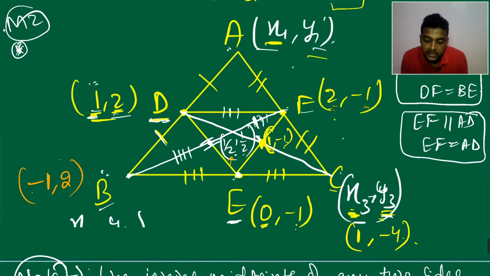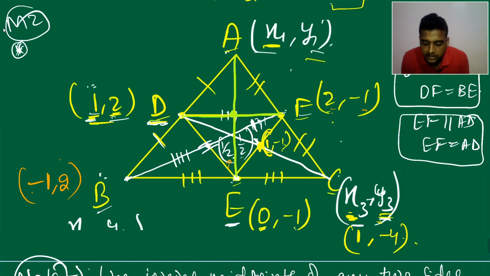Similarly, everyone see this A, D, E, F. So ADEF is also a parallelogram. So we can say in a parallelogram diagonals bisect. So now these things are similar, right? DF we know. So what is this midpoint? See, 2 plus 1, 3. So the midpoint is nothing but 3 upon 2 comma 2 minus 1, 1 upon 2.